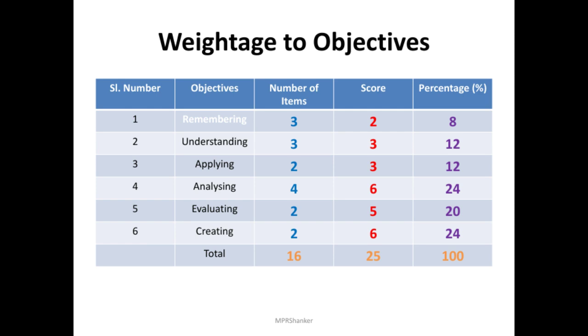The column number of items depicts the number of items for each objective, the score for each objective is given in the column score, and in the next column the percentage of marks allotted for each objective is given.